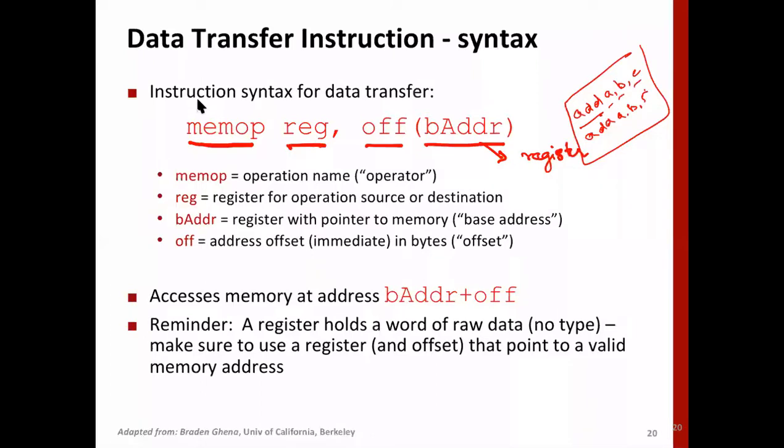Once you add the offset to that, you go to a particular memory location. Memop is nothing but the opcode; the register gives source or destination; the base address register is a pointer to memory; offset is the offset address. The address at which we get the byte, word or half word is calculated from the value of the base register, to which we add the offset.